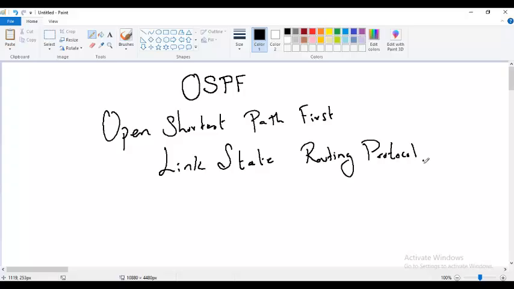It advertises the link status, like whether the link is up or down, what network is configured on the link, what mask is configured for the IP address on the link, what is the bandwidth on the link, all this information. What area does this link belong to?